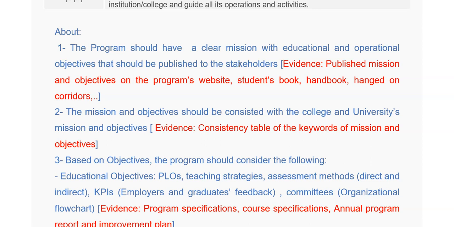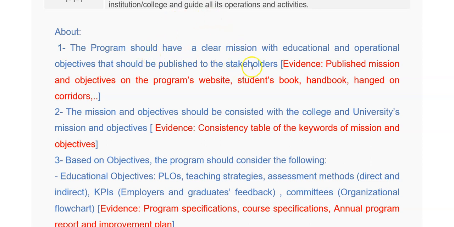There are some activities that are not related to education and can be extracted from the university's strategic plan and its goals. So you should also show that you have operational objectives, for example, related to research and community service.